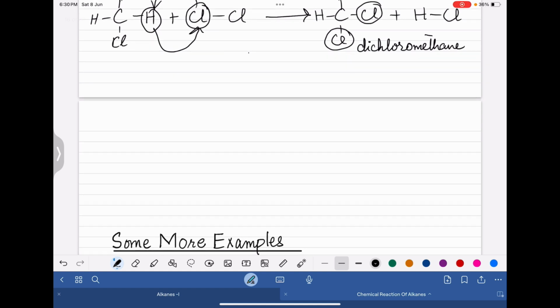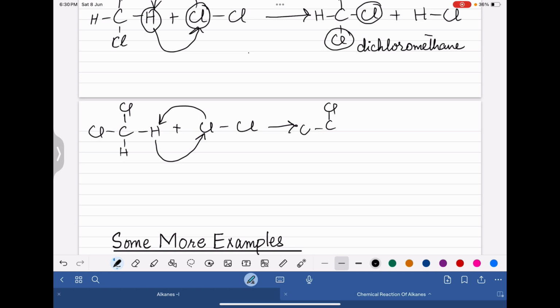Next, dichloromethane will be used as the reactant. Chlorine will take the place of hydrogen and hydrogen will take the place of chlorine. The product will be CCl3 and CH here with hydrogen chloride gas.